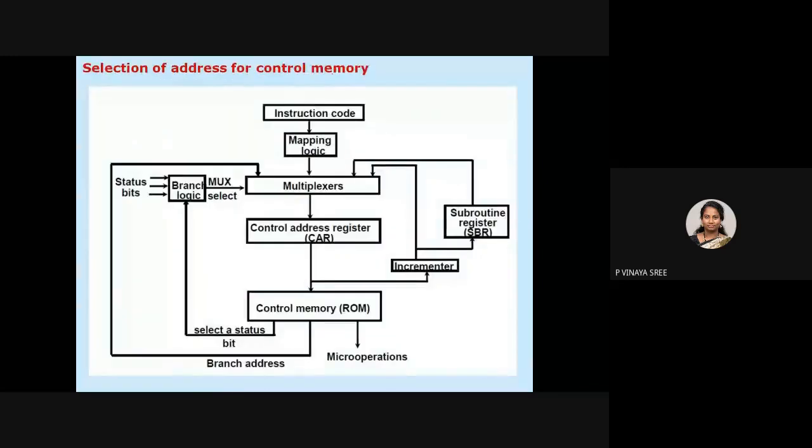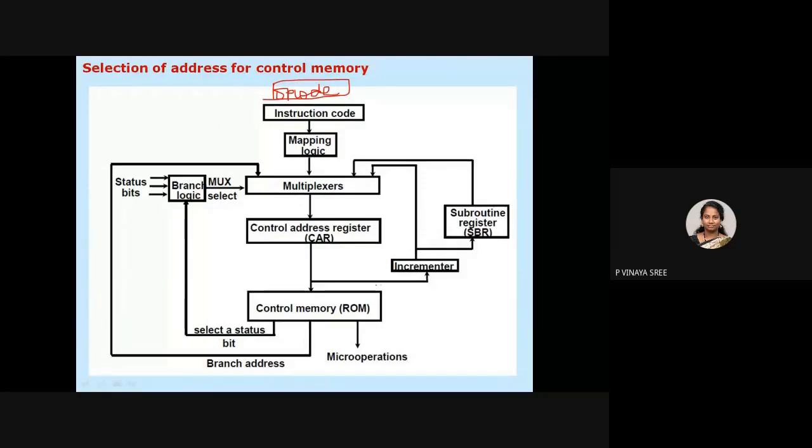Okay. So now let me this selection, how can we get the address for control memory? See, one is just now I said that one is from an instruction selecting an opcode. That is one part. Okay, so instruction code. So for that we need to map this instruction whatever it is there, we need to go for a mapping logic so that that will be converted to a control memory address.